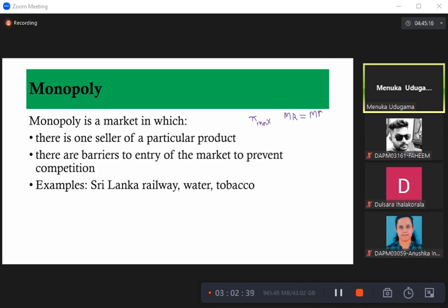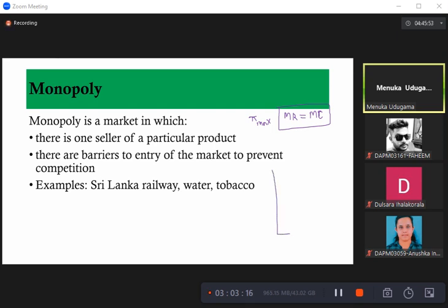A profit maximizing firm will maximize its profit where marginal revenue equals marginal cost. So now, if you want to identify the price, the first thing to do is to identify the quantity to produce.